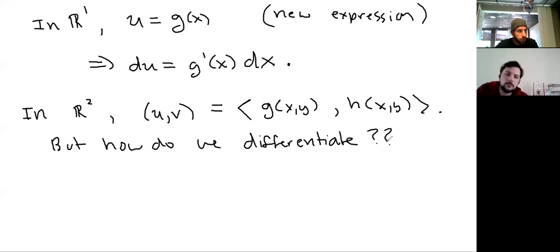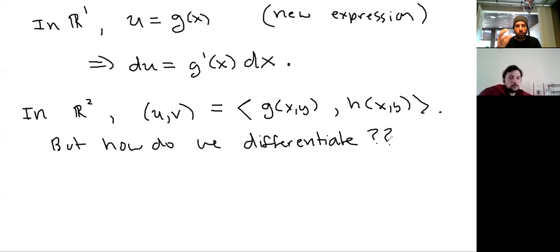Now, we have talked about derivatives in many different ways, but one thing we haven't discussed yet in general was how do we deal with the derivative of a function from Rn into Rm? For example, in this case, what is our function doing?